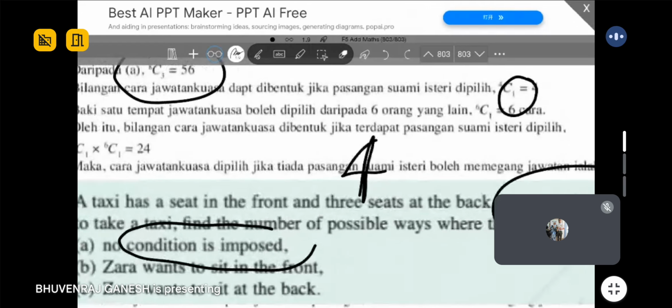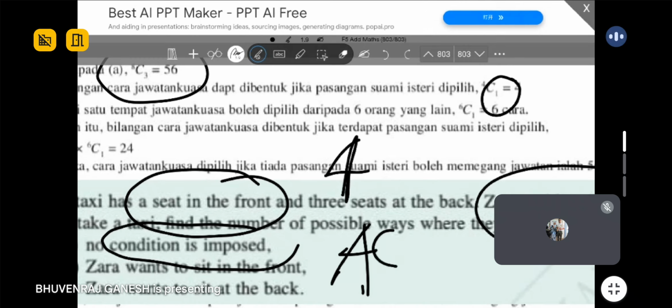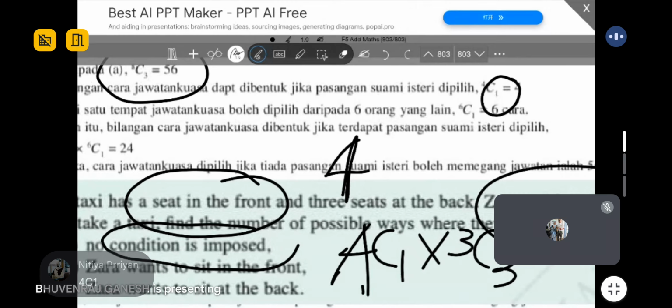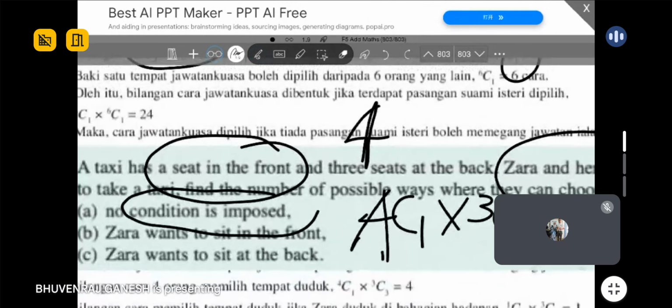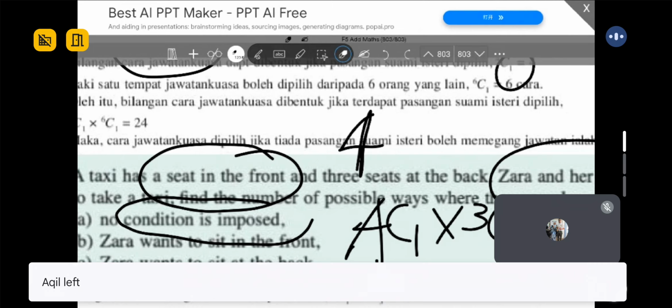So basically there is 1 seat at the front, 1 kat depan. So that means you can have 4C1. Am I right? And then the remainder 3C3. So 4C1 times 3C3, so the answer is 4. Actually, very logic one. You got 4 people, 4 seats. How many ways, guys?